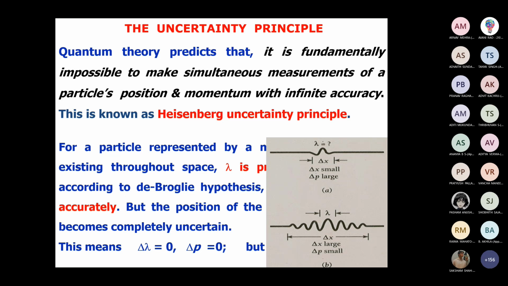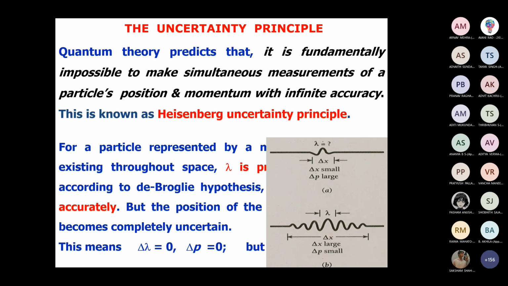But once the momentum is known accurately, the position of the particle becomes uncertain. That means when delta p is 0, delta x turns to infinity.